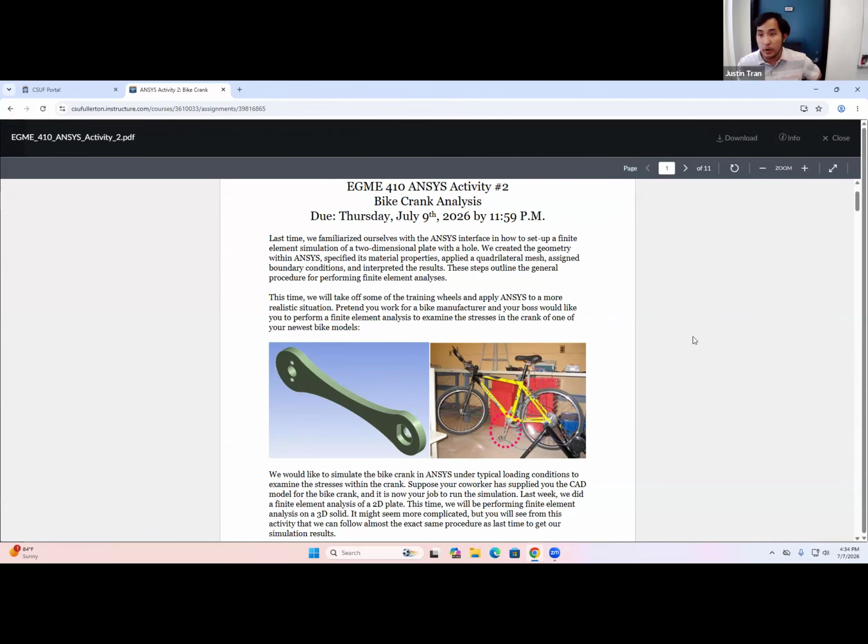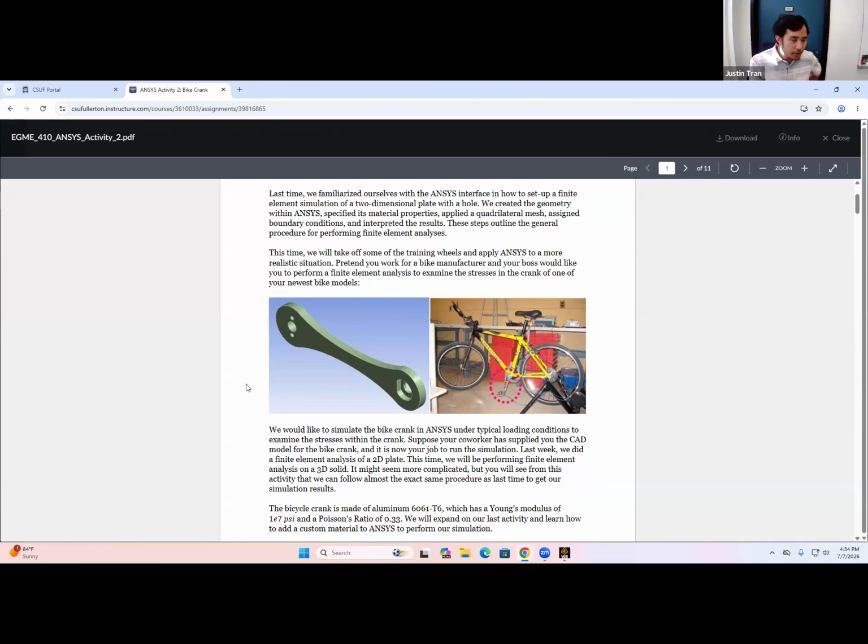The situation is the following: we're in charge of designing a bike frame. If you're not familiar, it's the part of the bike that attaches to the pedal, and it causes the gears and the wheels to turn. It's just one small component of the entire bike.